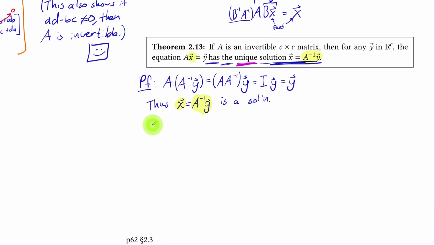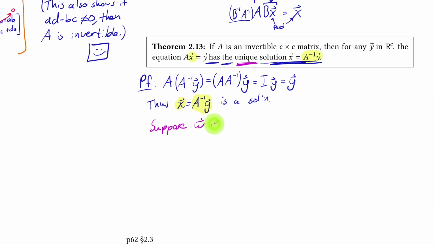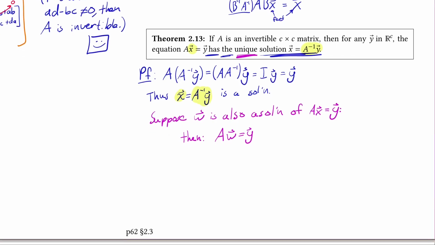To do that, we're going to suppose there's another solution. And what that means is that A times w equals y is true. Now, since A is invertible, I didn't write assume that A is invertible, but that's assumed, right? We're all thinking it. That means A inverse exists. And you can multiply by it.